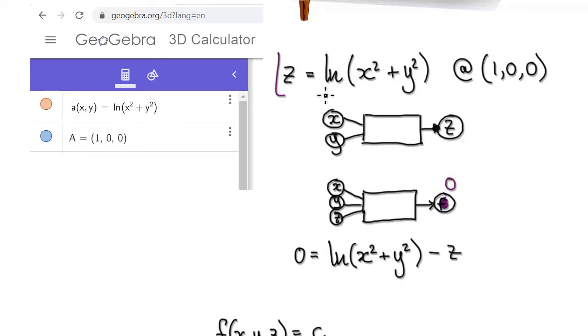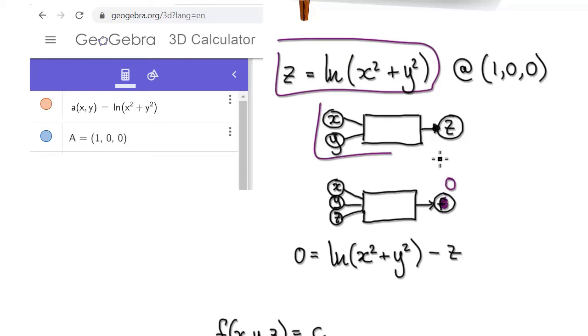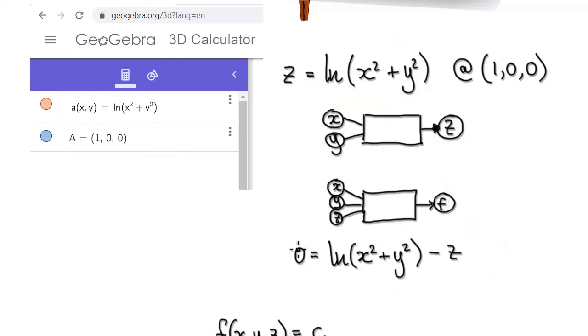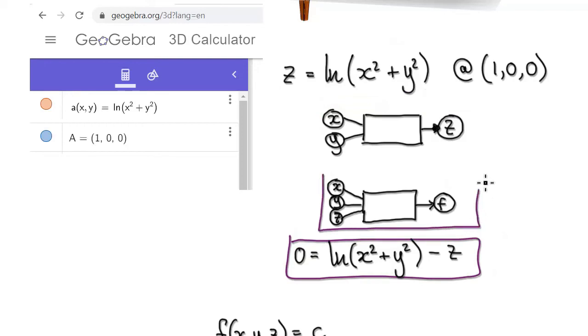Given this, I can visualize it like this, or like this, where it spits out a specific value of 0.